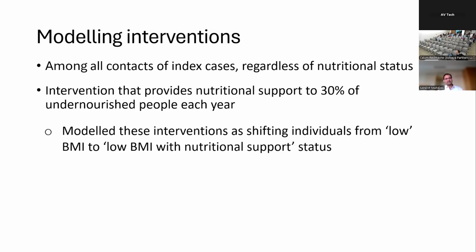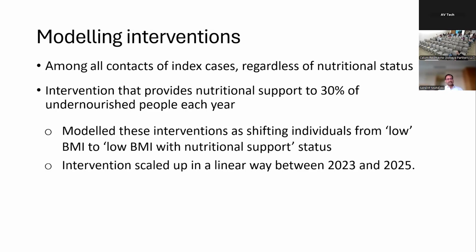The intervention, as I already described in the model but am repeating here, is done by shifting individuals from low BMI to low BMI with nutritional support. That means from the left-hand column of my model structure to the middle column, low BMI with nutritional support. Intervention is scaled up: 30% coverage is not reached at the beginning; we started in 2023 and scaled up till 2025 to reach 30% coverage, and it would continue.